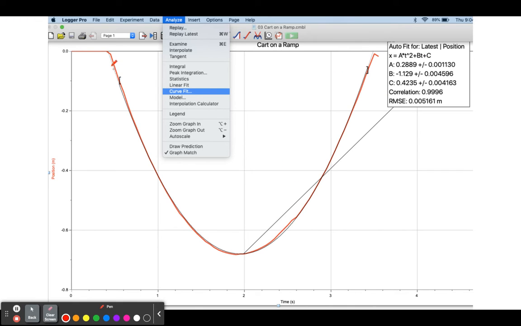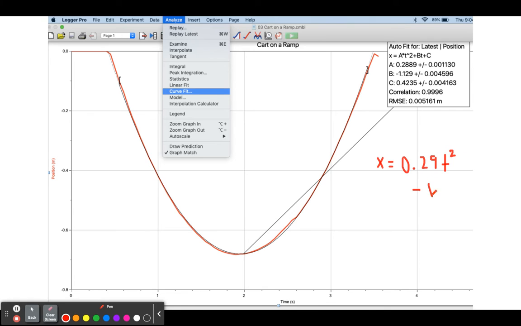So for example, my graph here is flipped. My direction is flipped. Your parabolic curve is going to be in the positive axis. But on top of my graph, I'm going to have my position function. So x is my position. Coefficient in front of t squared, I have 0.288, so I'm going to round that to 0.29 times t squared. Plus b, but b is technically a negative value for me.